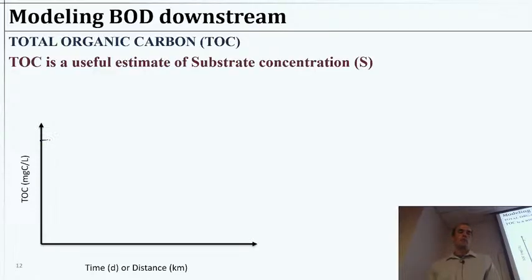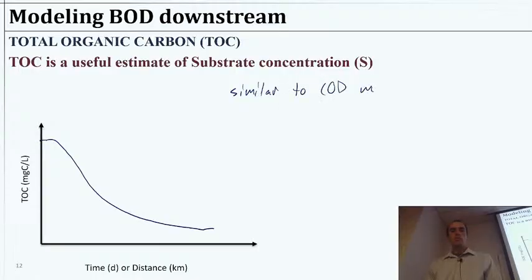We see how much CO2 is produced if we oxidize the heck out of our solution. So that may be another way to estimate S. This is a similar measurement to COD, but this would only be capturing the carbon.